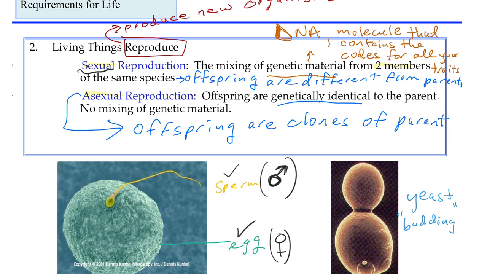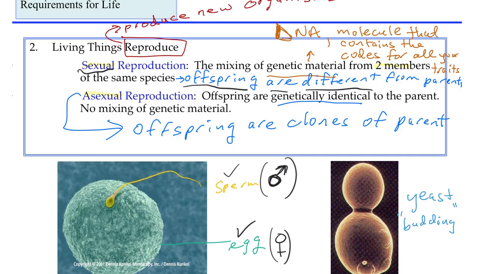When you have sexual reproduction, the offspring are different from the parents. Like, you're not exactly like your mom or your dad. You're a mixture. You're a variety of your parents.